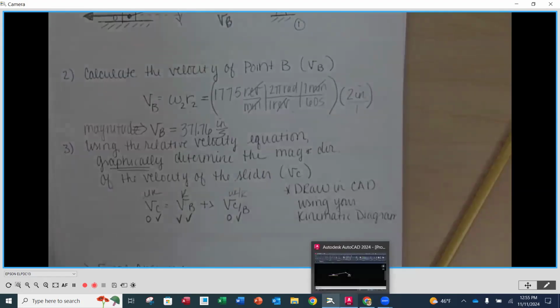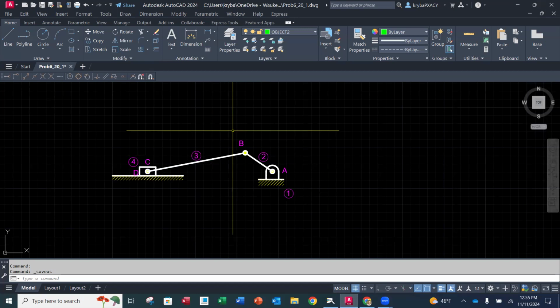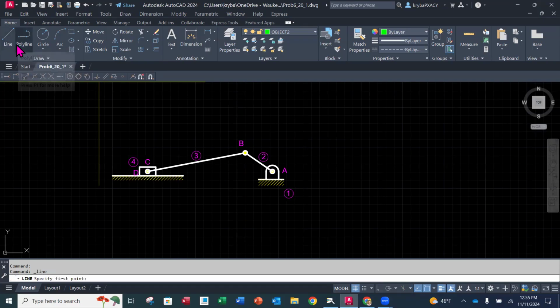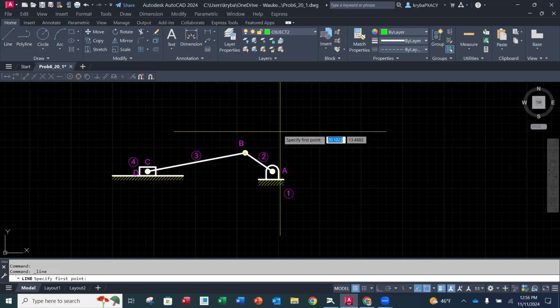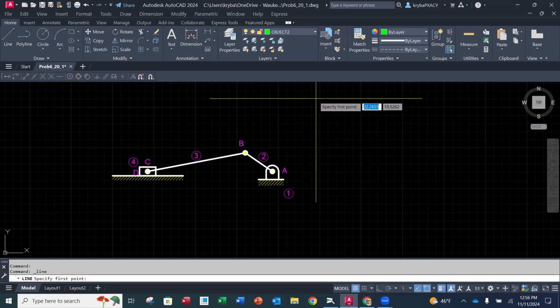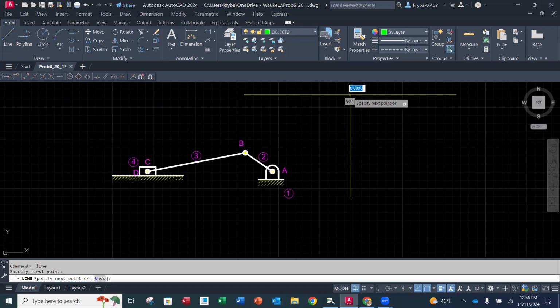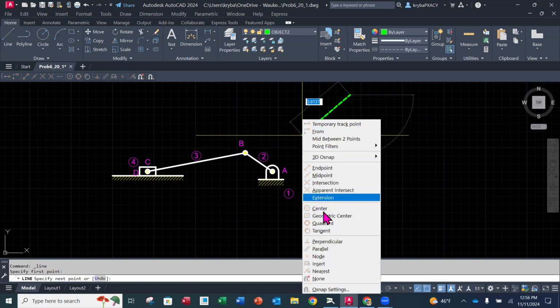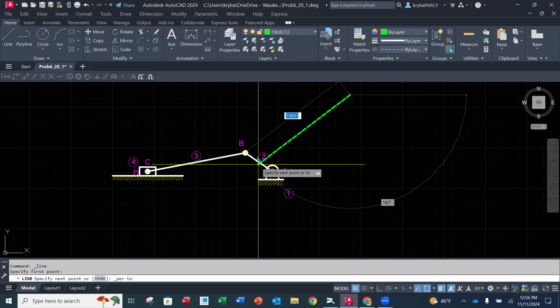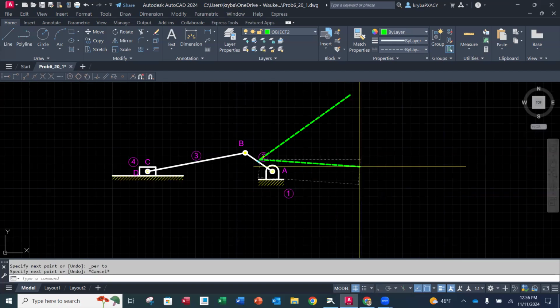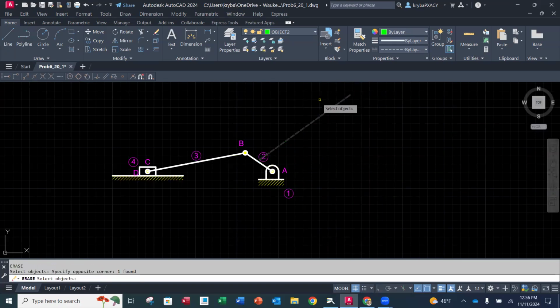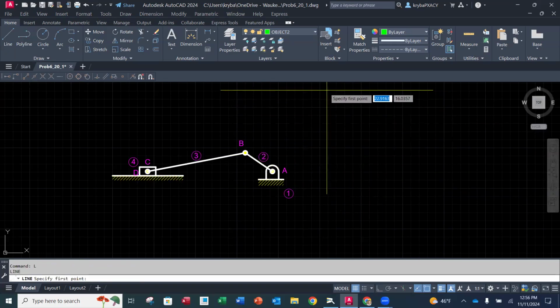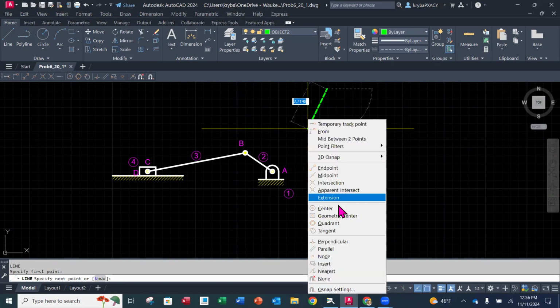Okay. So we are going to then draw our vector. So we are going to draw a line, just from a random place to being perpendicular to link number 2. Line, and I'm going to do shift right mouse button.